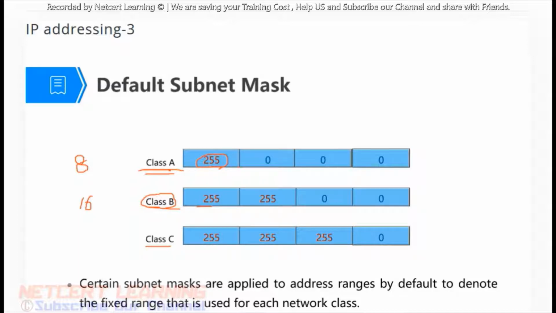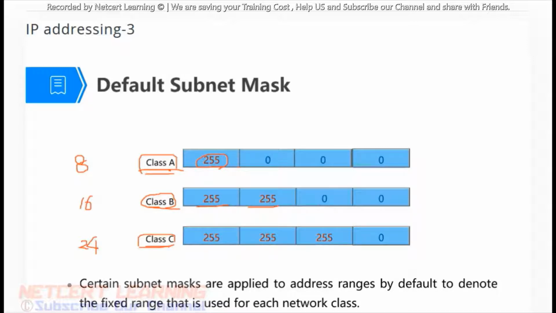For class B, 16 bits are used for the network part, so the network mask should be 255.255.0.0. And for class C, 24 bits are used for the network part, so the mask should be 255.255.255.0. This is the default network mask for class A, class B, and class C.